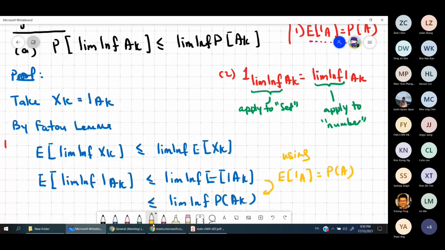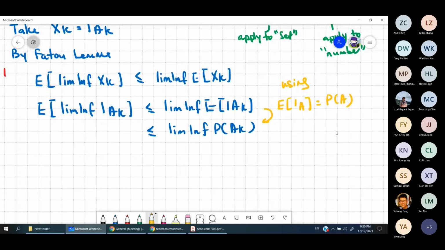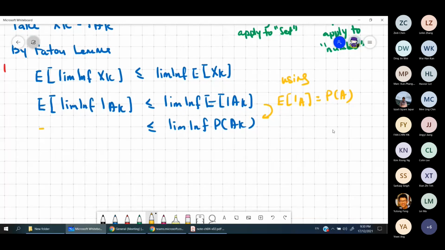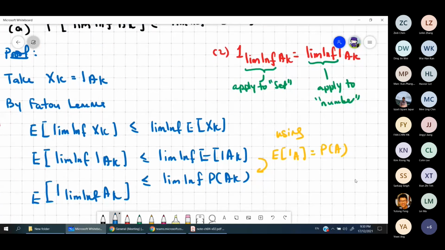Okay, next one. This one can be put as E of, actually we just do the variation inside, 1 of the limit inferior of Ak. So this is applying this formula.